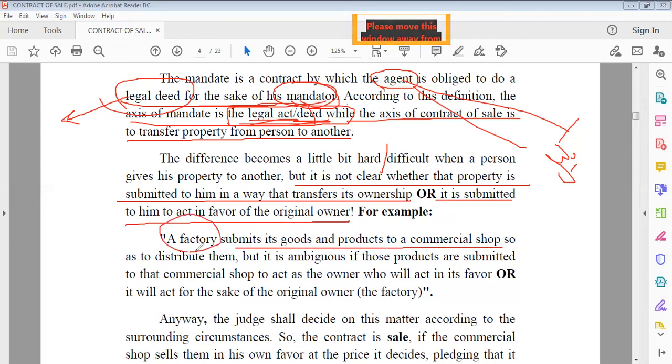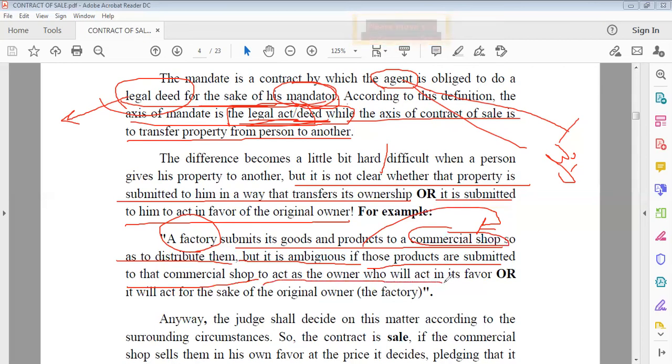The factory submits its goods and products to the commercial shop so that the shop distributes them. Okay, but it is ambiguous whether those products are submitted to the commercial shop to act as the owner who will act in its own favor, or it will act for the sake of the original owner, I mean the factory.